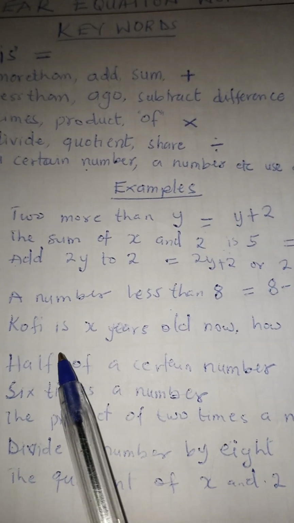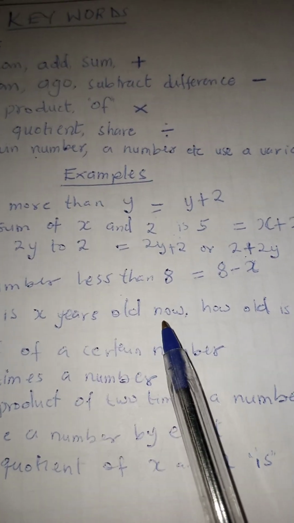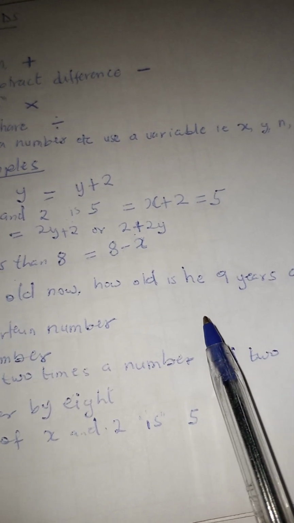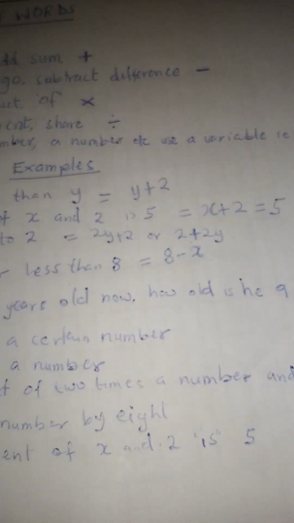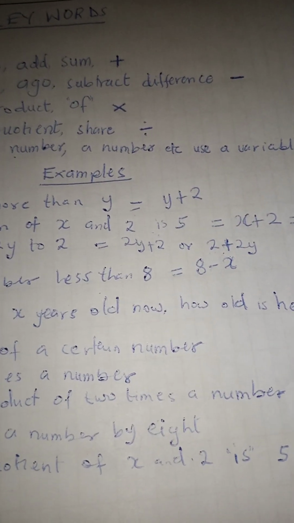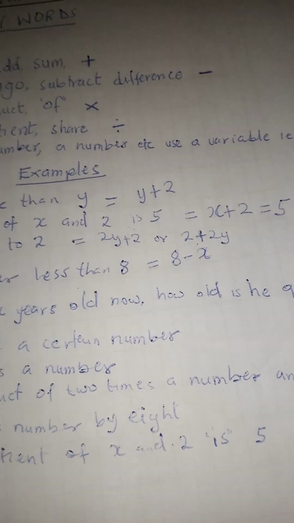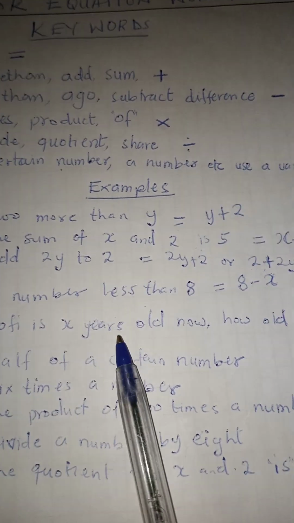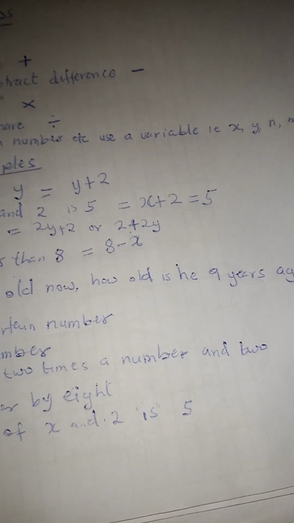So we have: Kofi is x years old now. How old is he 9 years ago? Remember, from the keywords we say ago goes with what? Minus. So Kofi is x years old now, so the age now is x.